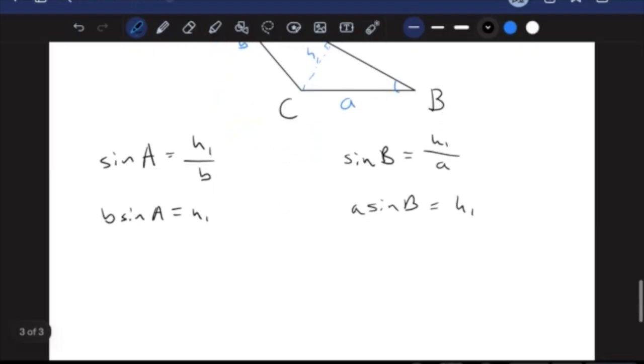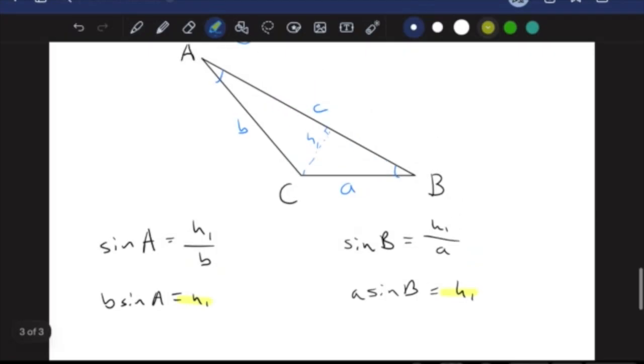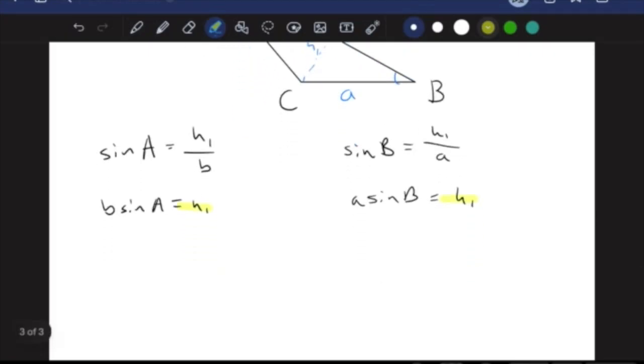Now, we made this connection as well, that since these h's are the same, because it's the same length in both of these smaller right angle triangles we've made, we can set the left-hand sides of each equation equal to one another.